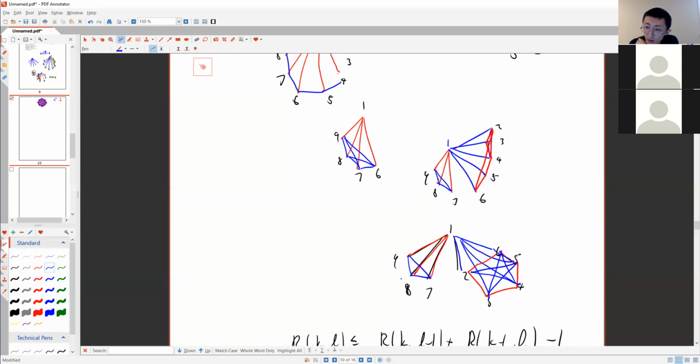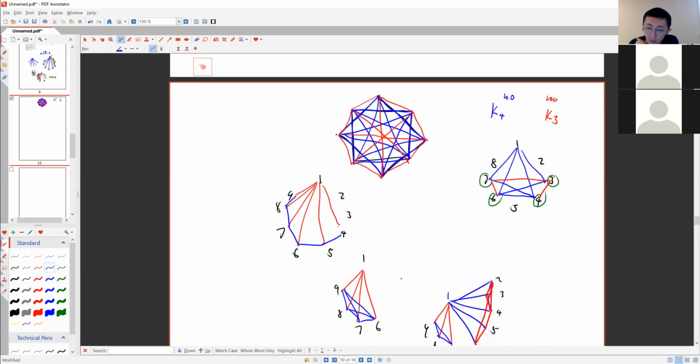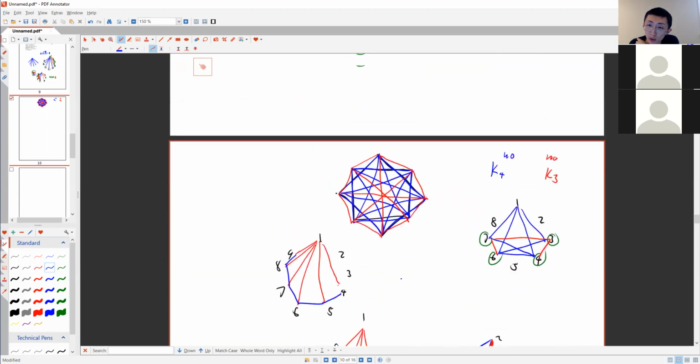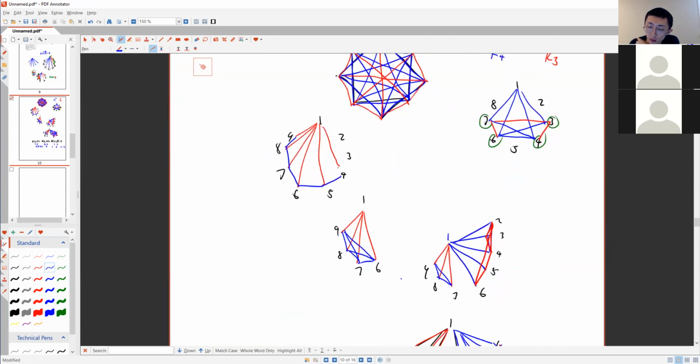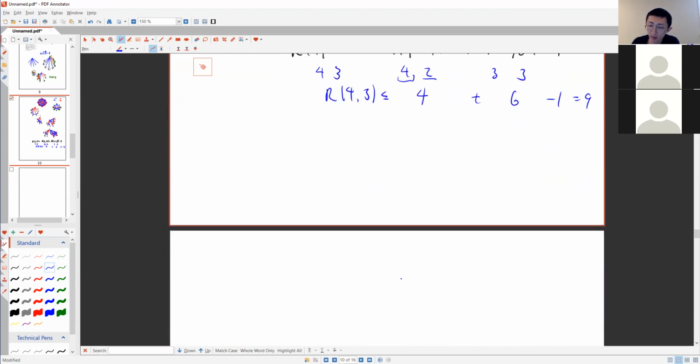I think there's a similar argument to the first argument we did with R(3, 3). So maybe let's come back to that. One interesting thing to note is that R(4, 4) is, I don't know, 18 or 17, and R(5, 5) is unknown.